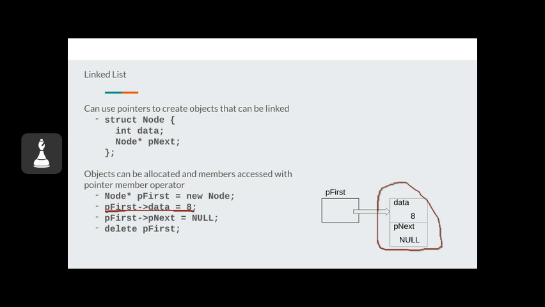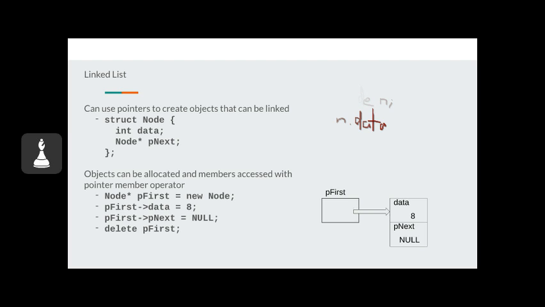Notice this syntax. Typically with a structure, if you had a node called, say, nodeIn, you would access the data by saying nodeIn.data. In this particular case, we don't have a node, we have a node pointer, pFirst.